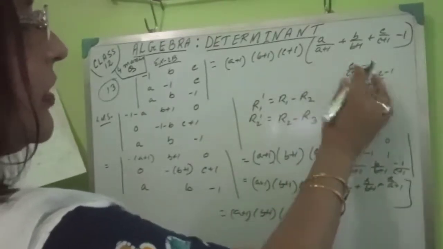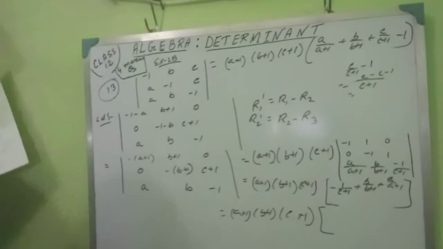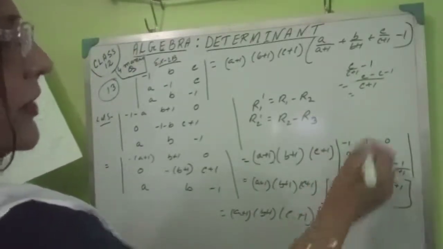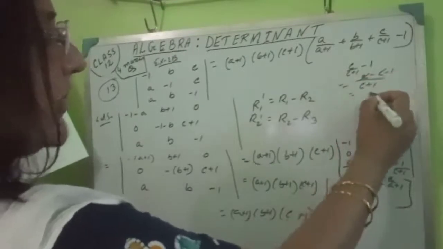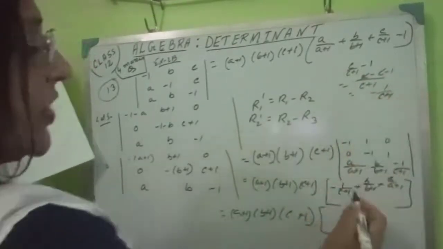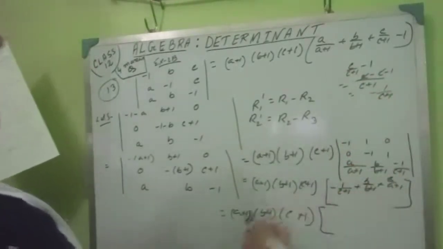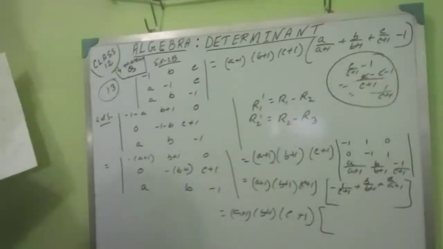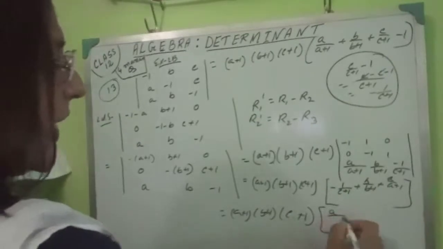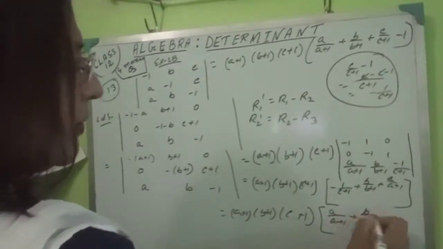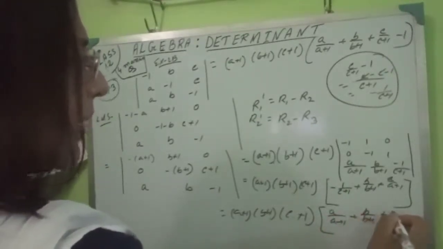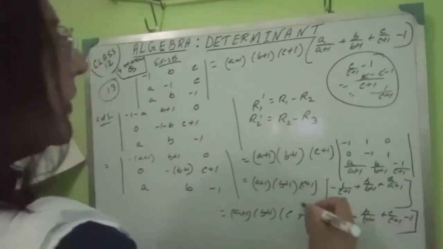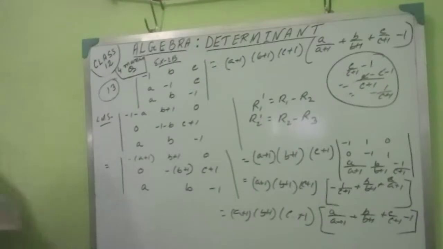C by c plus 1 minus 1. The plus c and minus c will be cancelled, so instead of this minus 1 by c plus 1, we can write c by c plus 1 minus 1. Okay, then what will we get? A by a plus 1, b by b plus 1, plus c by c plus 1 minus 1. Okay, so this only we have to prove.